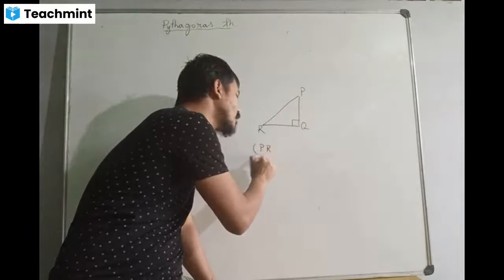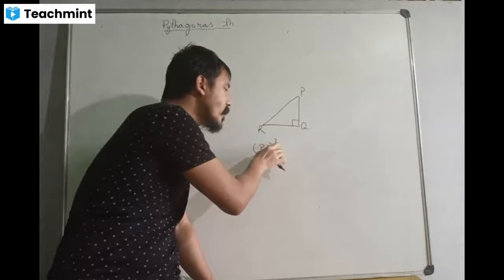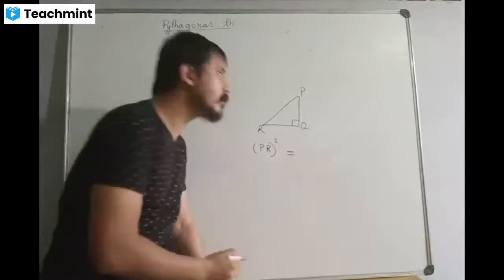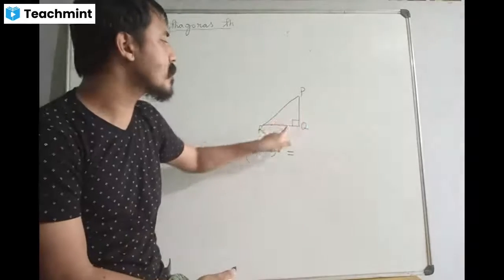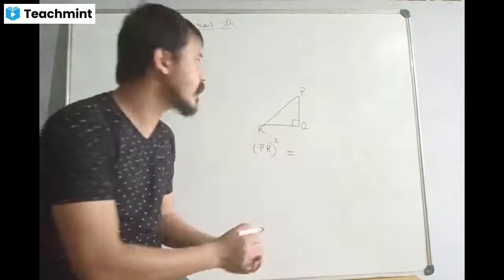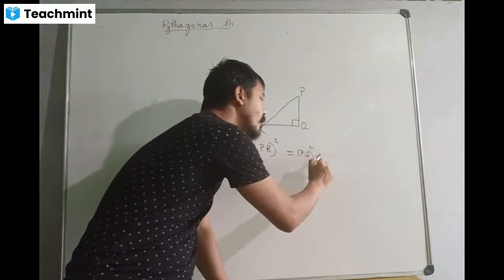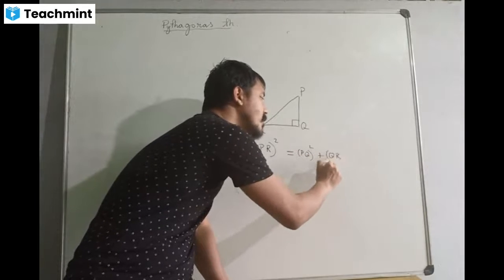So PR square is equal to PQ square plus QR square.